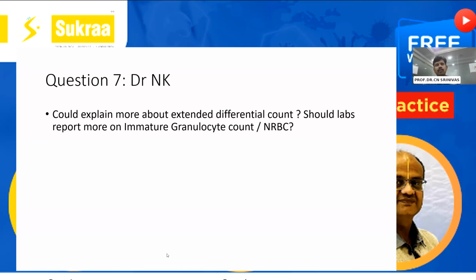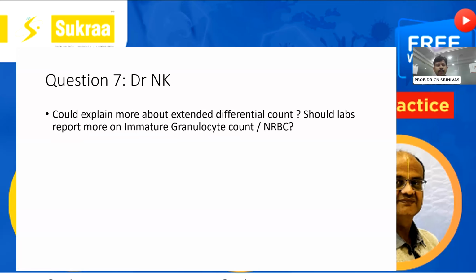The most common condition will be sepsis, otherwise called infection. Whenever there is an infection or acute episode, the body tries to fight it off by trying to release whatever WBCs are there. So the brain sends signals to bone marrow.